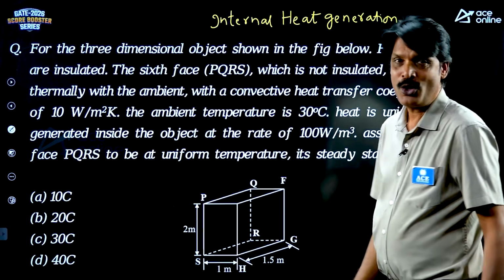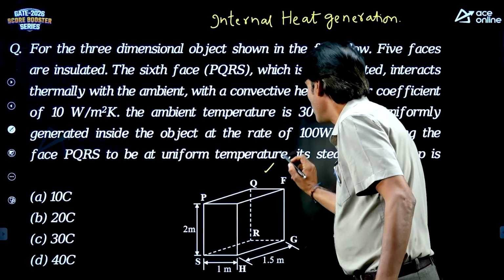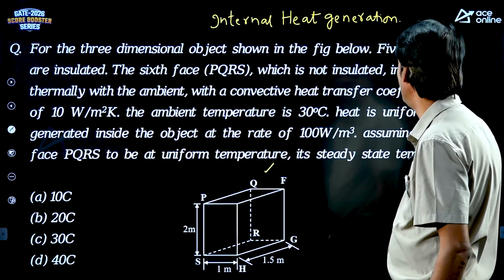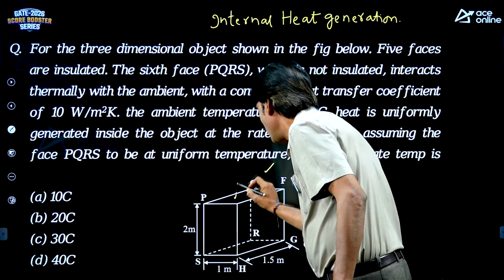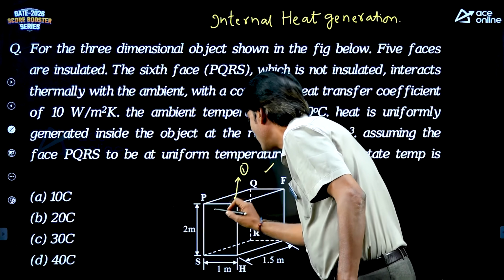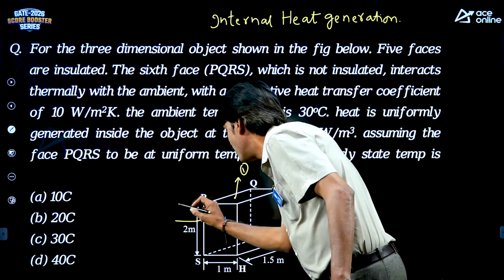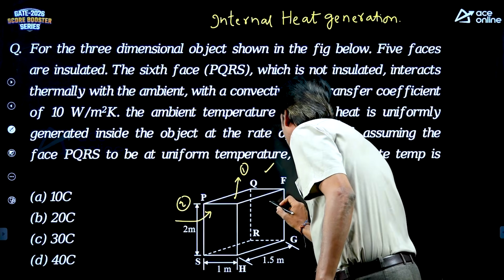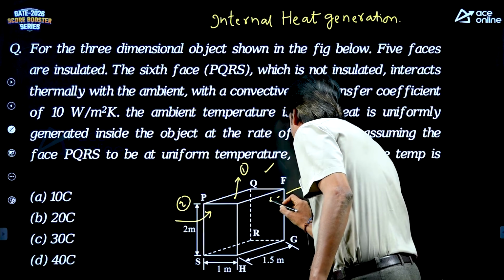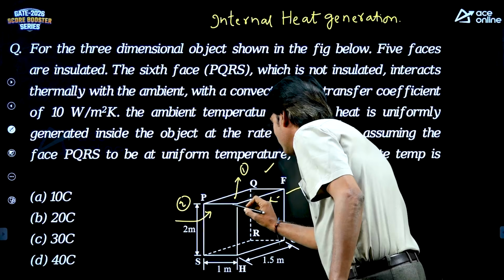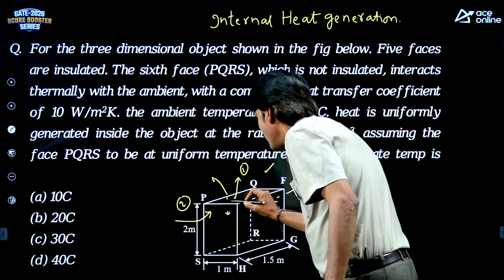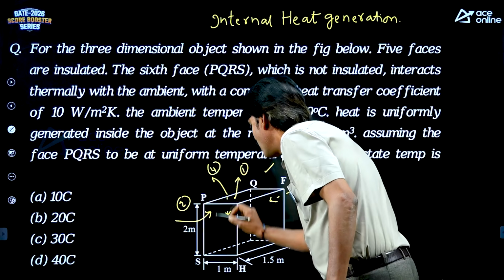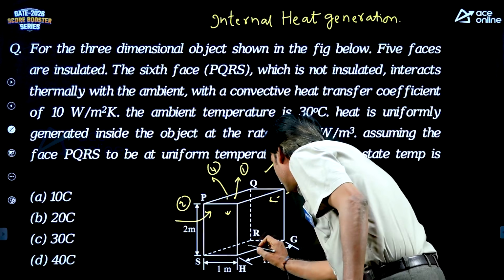Let us read the question. He has given a 3-dimensional object, shown in the figure below, with 5 faces insulated. That means this particular surface, say suppose 1, this surface 2, the other side, this surface 3, this surface which is at the back, this is 4, and the one at the bottom.